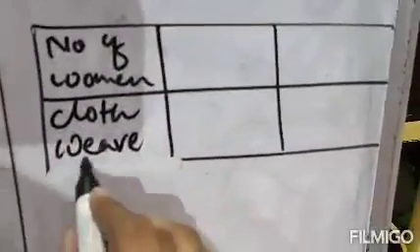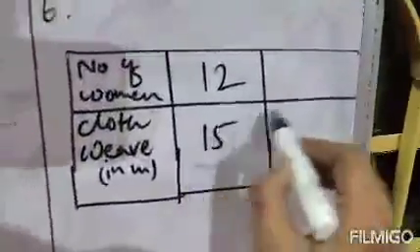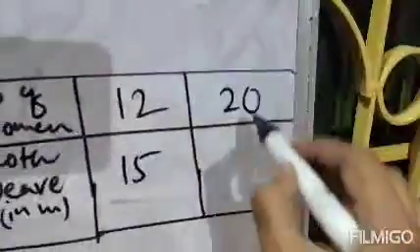So just write, this is actually in meter. Clear? Now the number of women is 12. When the number of women is 12, cloth can be woven in 15 meter. So now if there are 20 women, find out the cloth woven.